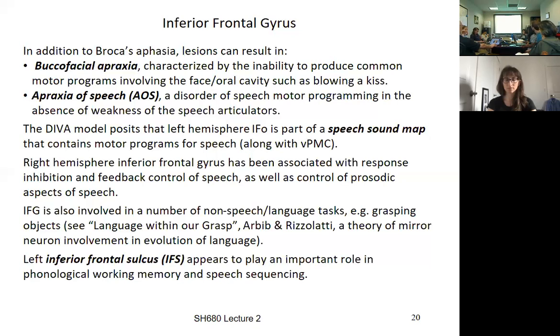This area we're going to think of as being involved in buffering up phonemes for production. Let's say I have a whole phrase I want to say. I can't say all the phonemes at once. I have to store the later ones for sure. That storage, we think, is in left inferior frontal sulcus, and it interacts with ventral premotor cortex to pick out motor programs and produce the material sequentially, one syllable at a time. So we think it plays a role in phonological working memory and speech.